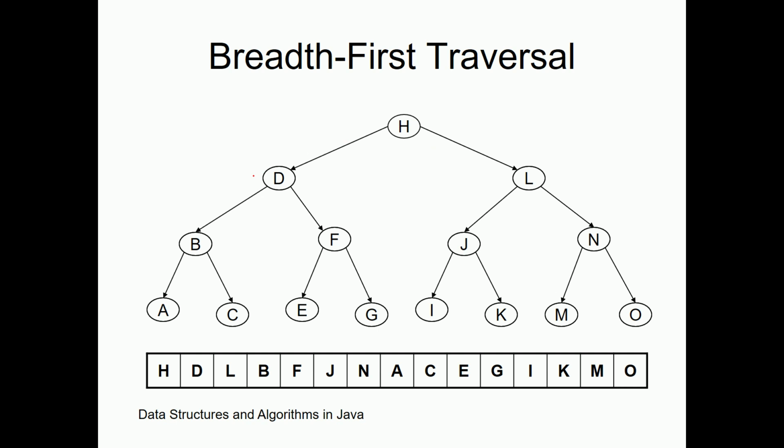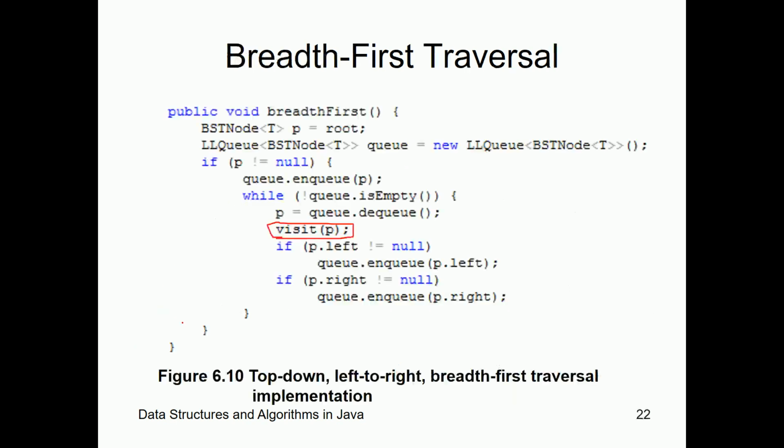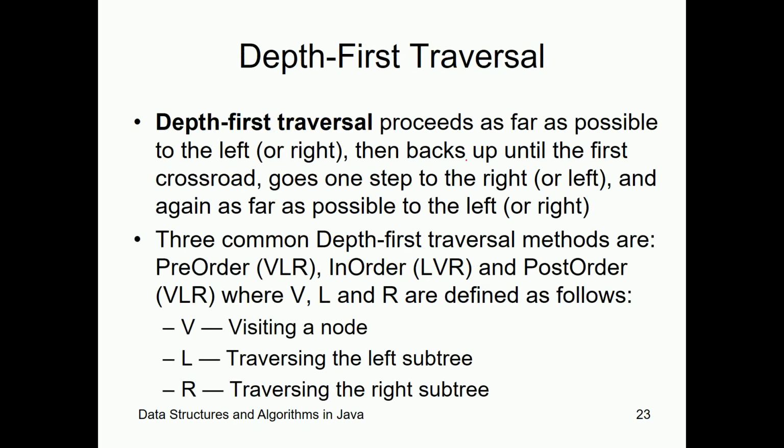Now, if I'd like to go into this depth first, there are some different ways to do that. This depth first starts from the left or from the right, basically the same idea as with this breadth first.